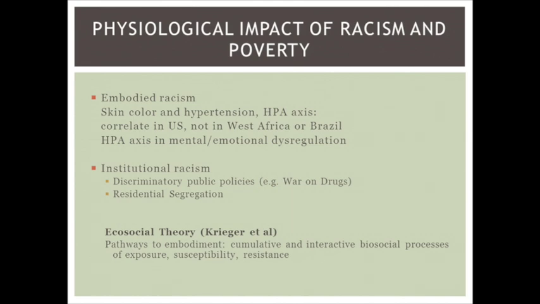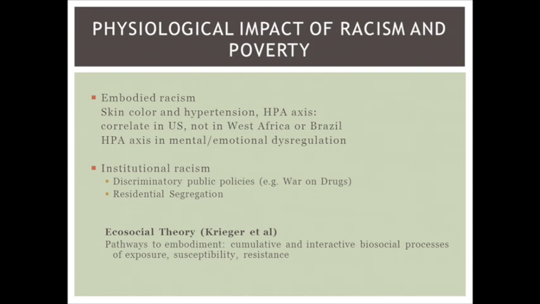Okay, so if we turn back to race as one example of an inequality, there's been some research on racism and how it's embodied as a way of looking at health inequalities. I'll give you an example from people in my field of anthropology who studied skin color and hypertension as mediated by the HPA axis, the stress hormone system.